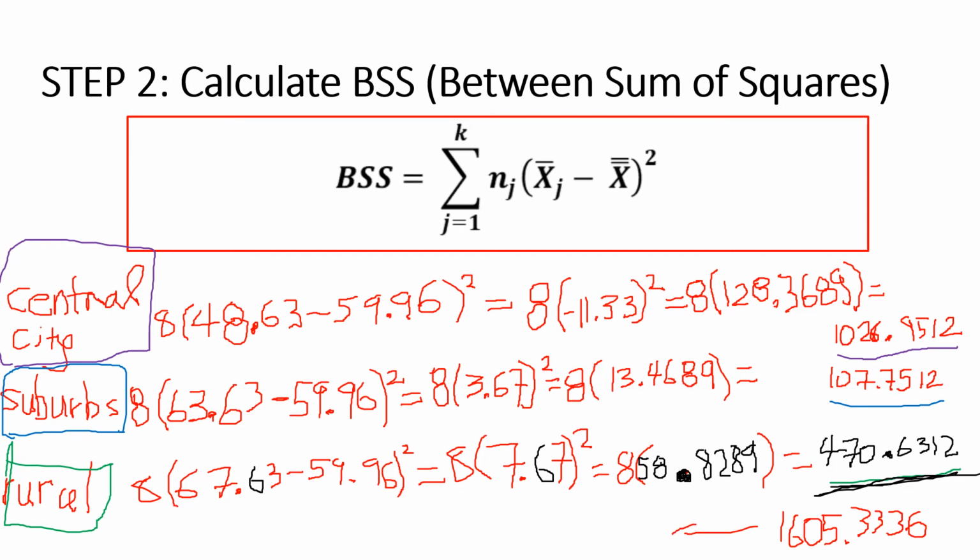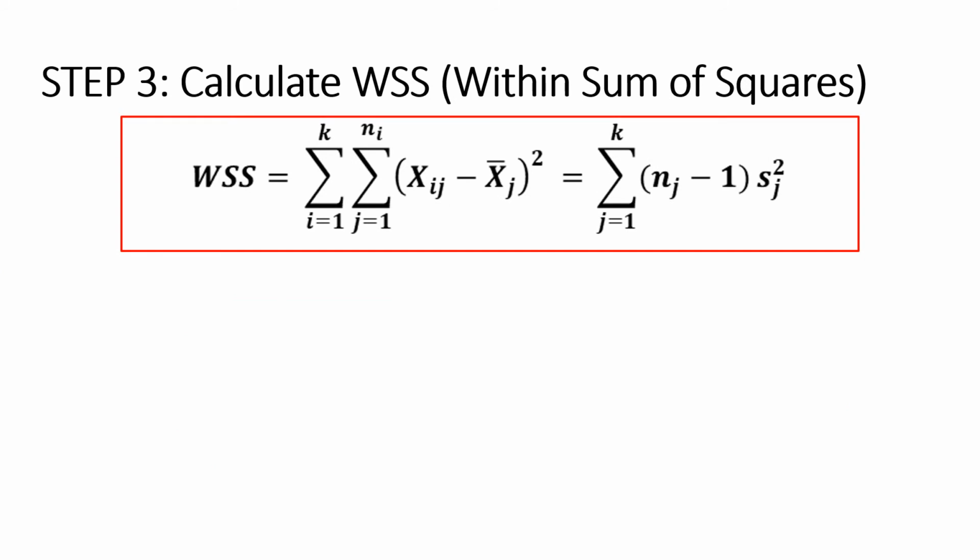I'm going to be lazy and round that to approximately 1,605.33, or you could do 0.334. Okay, so this is the BSS we've just calculated, and now we will move on to the within sum of squares calculation.